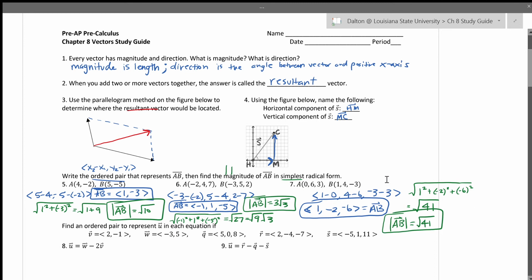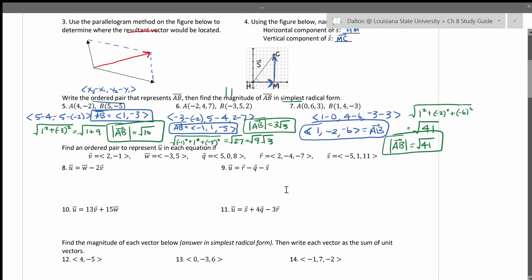Numbers 8 through 11 use these vectors that are described here. It says find an ordered pair to represent vector u in each equation, and then it tells us what to do. So again, this is really easy stuff. You just have to be really, really careful with your operations, particularly anytime subtraction or negative numbers are involved.